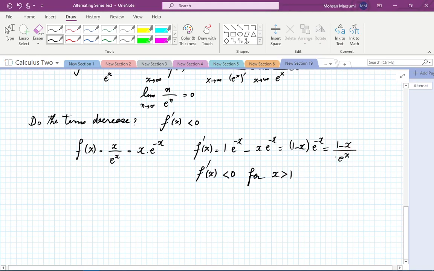What does that mean? It means the function that we are going to investigate is going to start to decrease after 1. So we have the following condition also met, that n over exponential of n is decreasing.